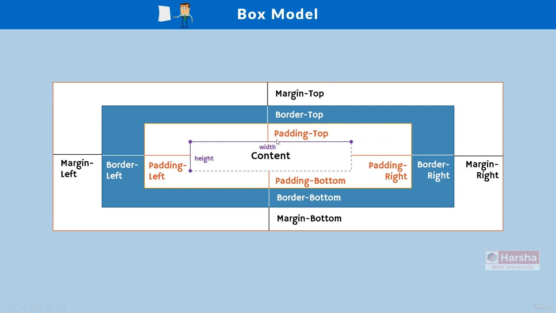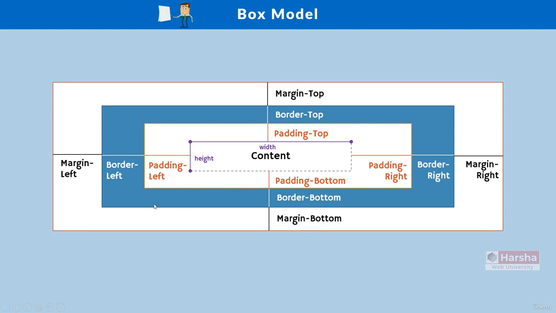And of course, the padding is the space between border and the content. And this is padding bottom and this is padding left. And outside the padding, we have border, that is border top, border right, border bottom, and border left. And then outside the border, we have margin top, margin right, margin bottom, and margin left.